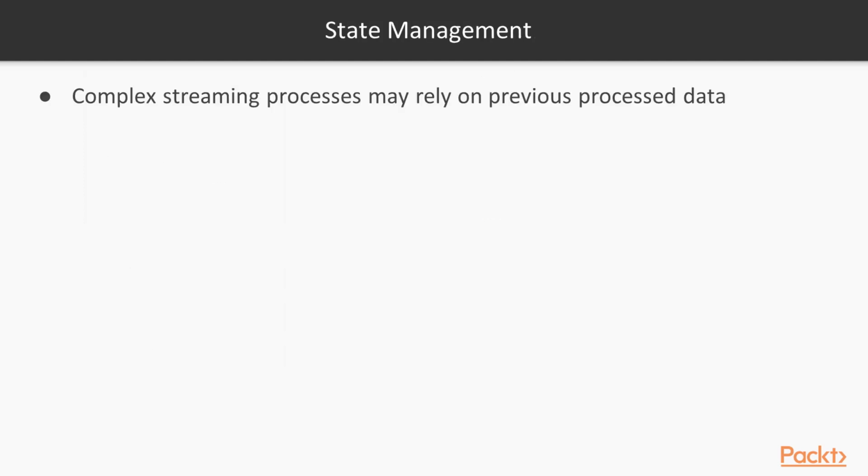Another important feature of a stream processor is state management. Complex streaming algorithms may rely on previously processed data, so they rely on state. In other words, the current data or task cannot be processed individually. It may rely on previously processed data coming from the same stream or even other streams.